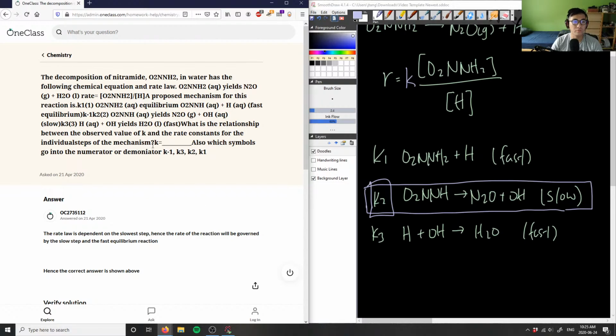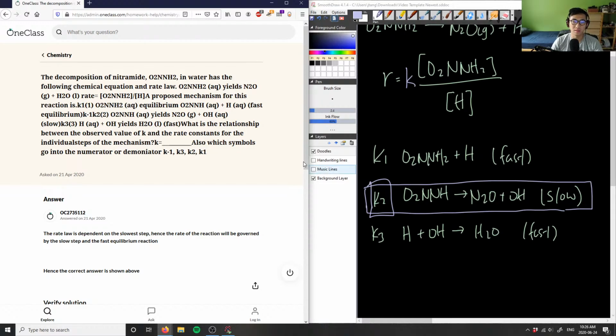Was there a K negative one as well? I'm trying to look at K negative 1. I guess it was this guy here. K1 here doesn't show me a speed for this one, so I'm not sure about the speed.